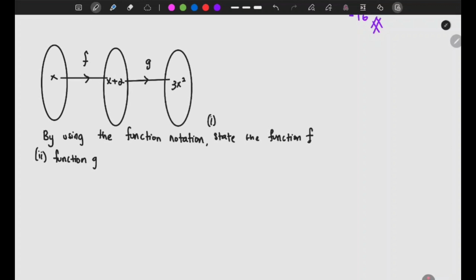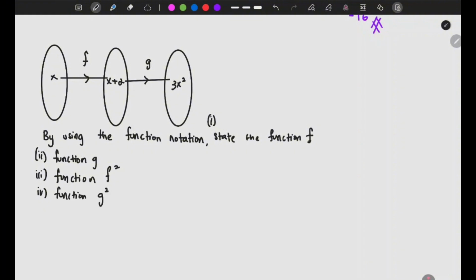I think these two first. Let's do these two first. Oh wait, I want to add another one more. I haven't explained this one. So let's do this one. Function f squared. And another one more, function g squared. Okay. This one. Let's go.